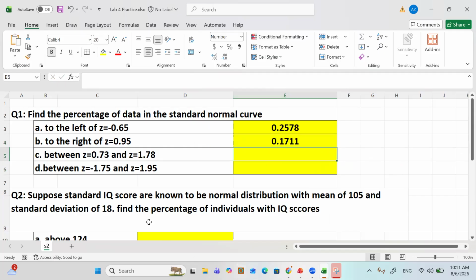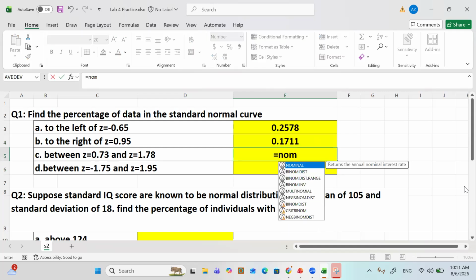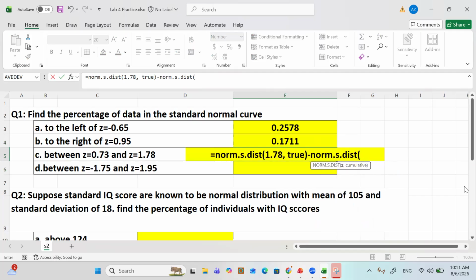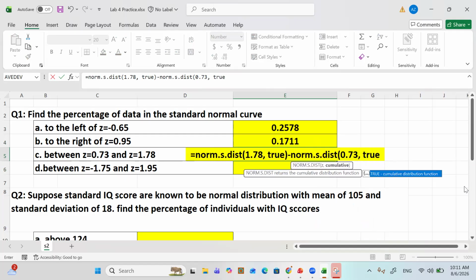The third one is the area in between these two z-scores. We use the same formula, bigger z-score first, 1.78, accumulating everything to the left, minus NORM.S.DIST of the smaller z-score, 0.73, true.